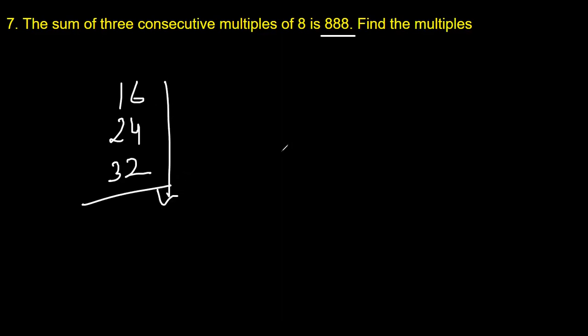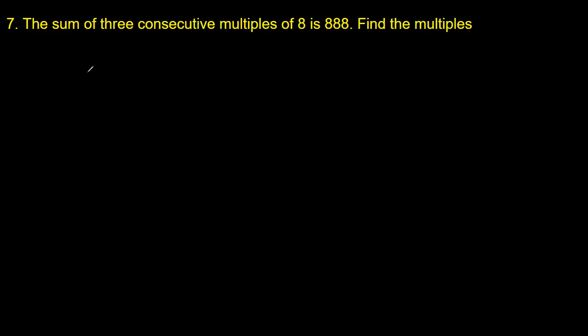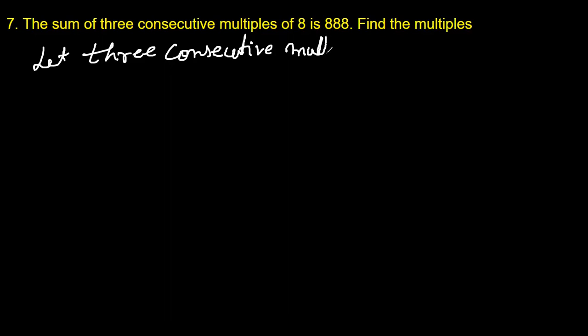And neither are we doing it by hit and trial method. We would like to do it by algebraic method. Then how would you write? You must start with: let three consecutive multiples of 8 be, first one is x.